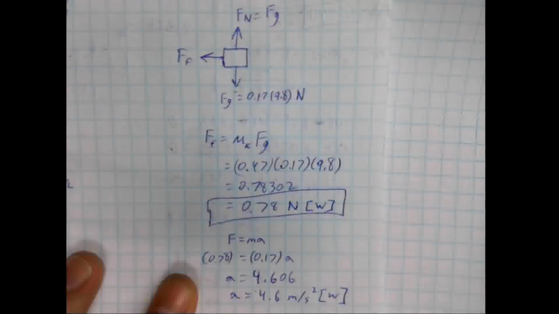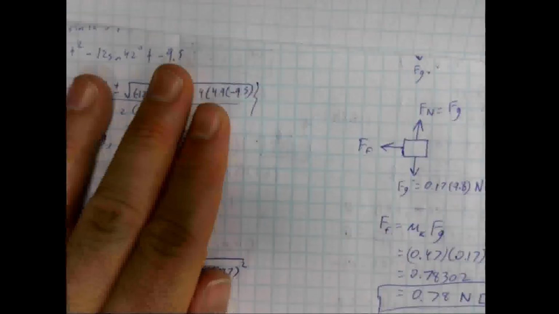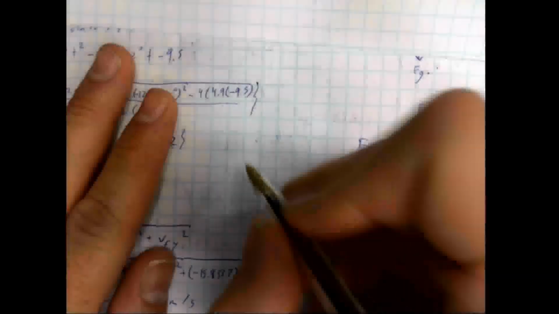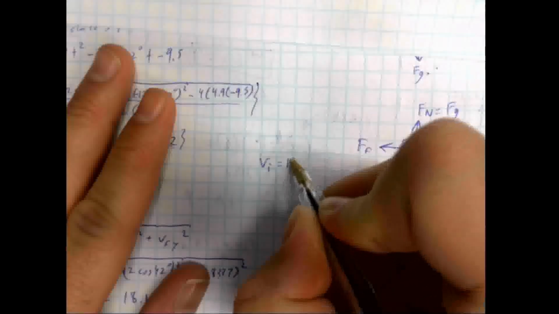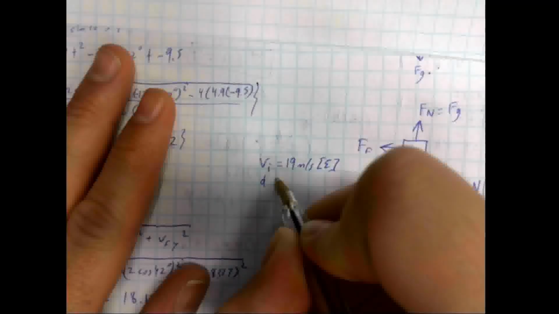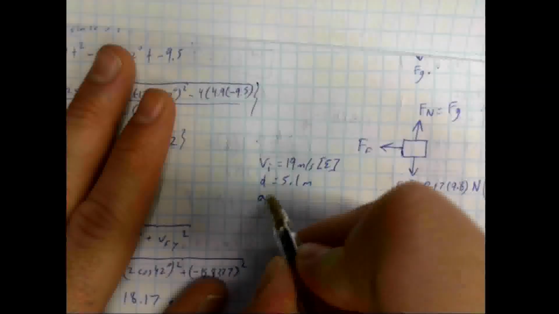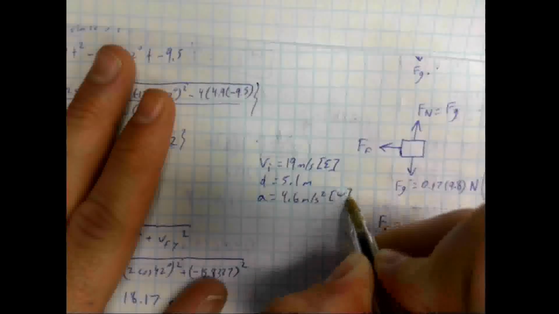And the last thing they ask me in this question is to calculate the VF. So to find the VF, my VI is 19 meters per second to the east. My d is 5.1 meters. We know the acceleration from the previous part. It was 4.6 meters per second squared to the west.